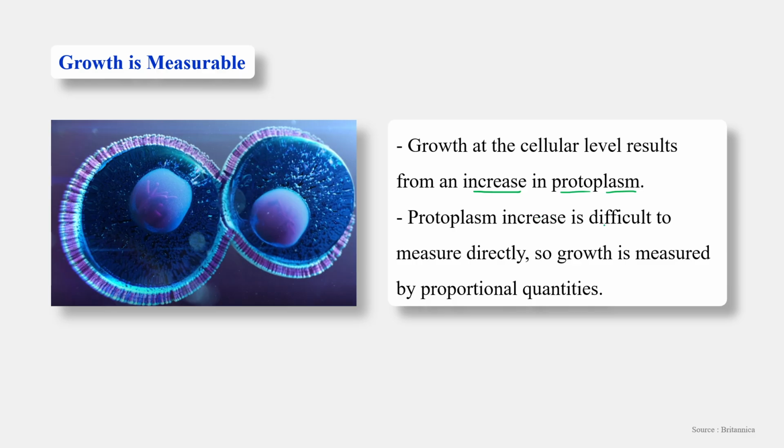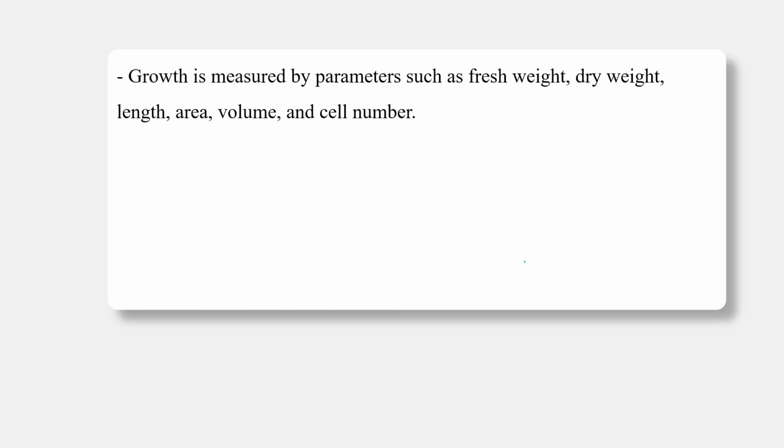Protoplasm increase is difficult to measure directly, so growth is measured by proportional quantities, right? So growth is measured by parameters like fresh weight, dry weight, length of the plant, area, volume, and cell number. So these are certain parameters with which one can analyze the growth of a plant.